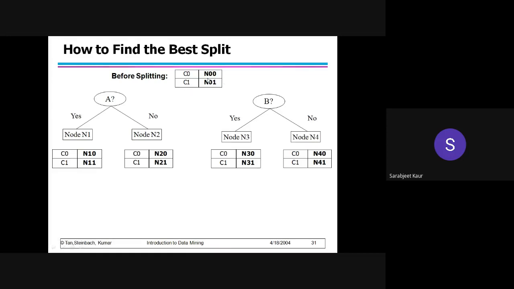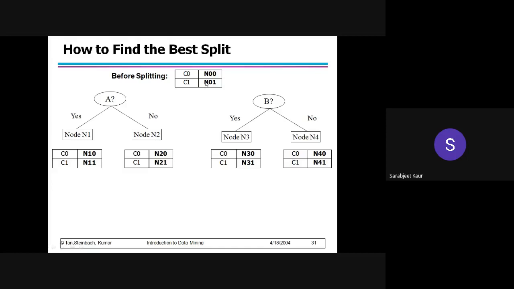These notations, please see very carefully, correspond to, first of all, the level of the node, or the node number, I can say. So the parent node, or the root node, let's say, is numbered as N0. So N0 class 0 count, then N0 parent node's class 1 count, right?